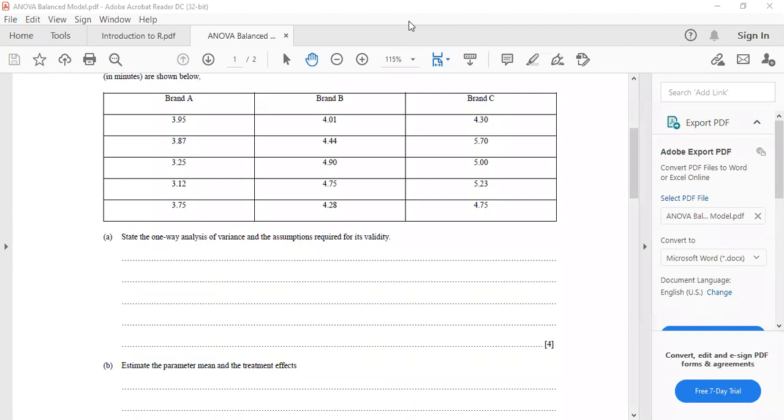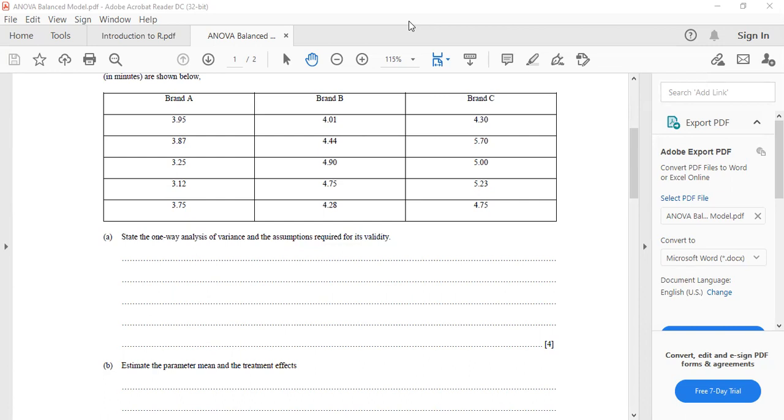Rumbi, can you give us y bar 1 dot? For brand A, it's 3.588.